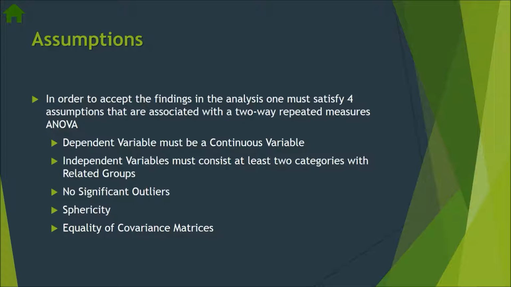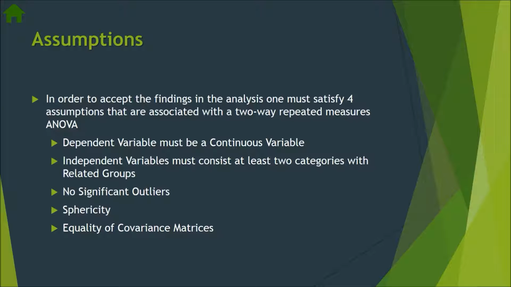The independent variables must consist of at least two categories with related groups. There should be no significant outliers, which is similar to the normality of the data used. We also must satisfy sphericity, and the final one is equality of covariance matrices.